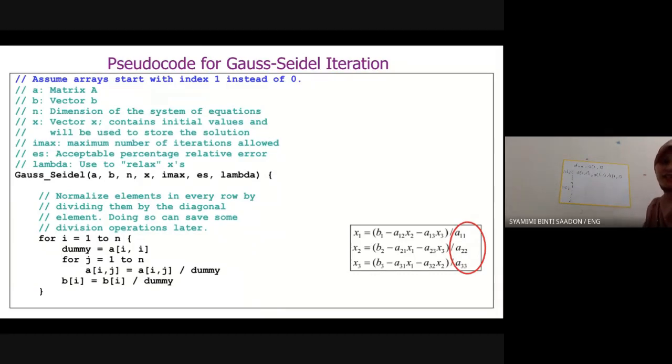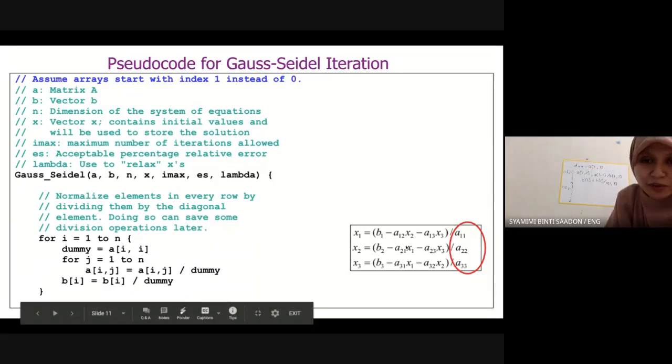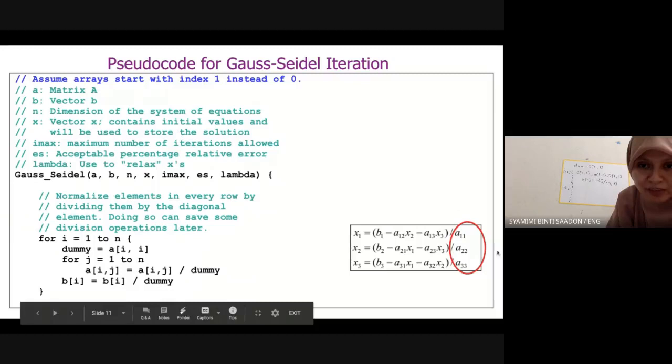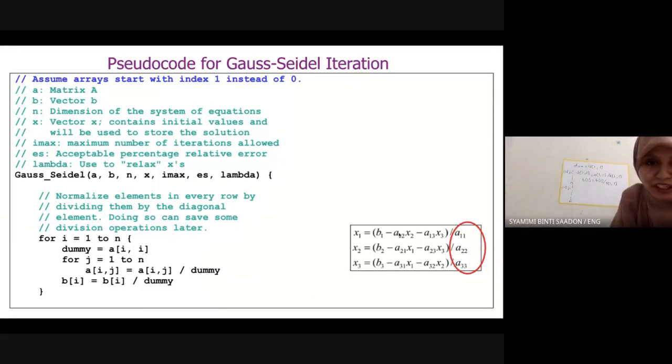So you get this for the first round you get 1, and then B1 for the matrix B you have B1 over A, the dummy first round A11. Okay, so the first step of this programming, we try to write this linear equation, means that B1 over A11 here, right? The first term. So this is B1 over dummy A11. Okay. And then A11 over, this is 1.